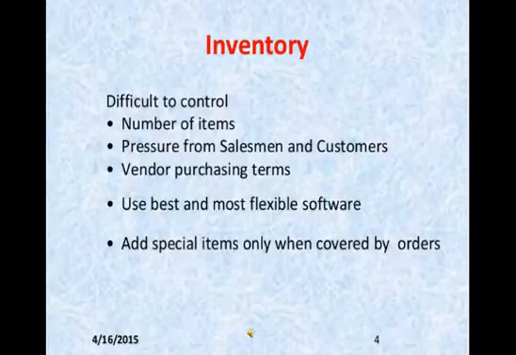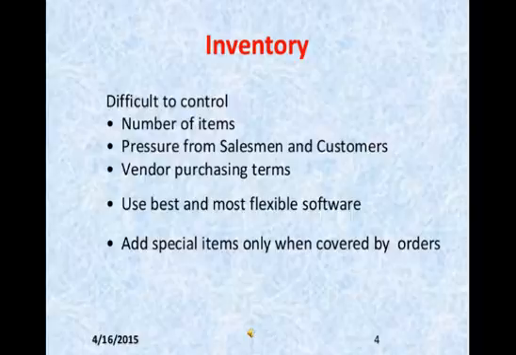Inventories can represent a very significant item on your balance sheet. It's also one of the most difficult things to control and can conceal a lot of locked-in assets. They're difficult to control because of the number of items, and again, the devil is in the details.